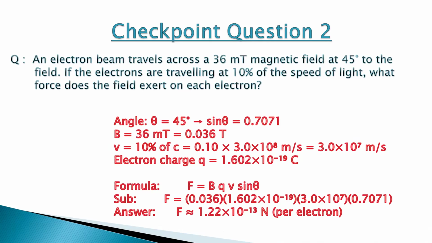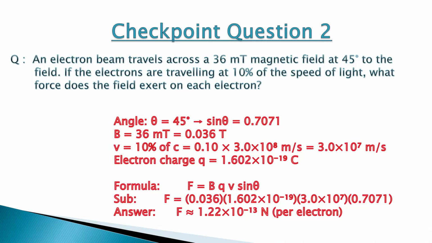0.7071. Using Q equals 1.602 × 10^-19 coulombs for the electron charge, we substitute F equals 0.036 times 1.602 × 10^-19 times 3.0 × 10^7 times 0.7071.